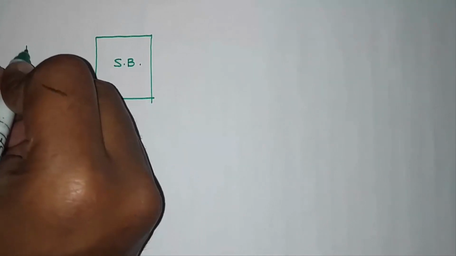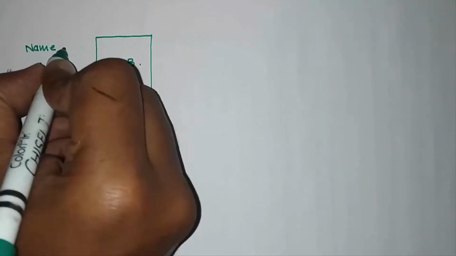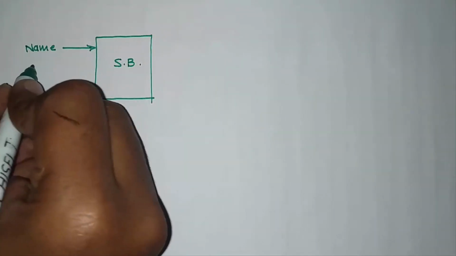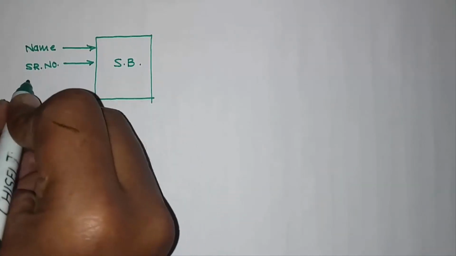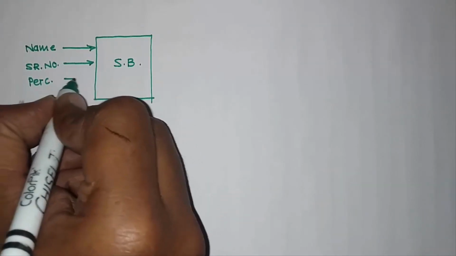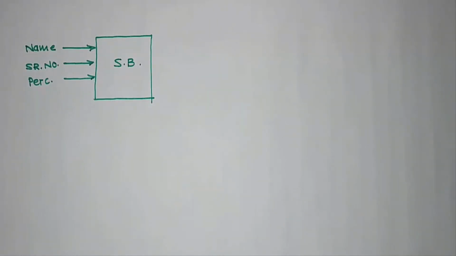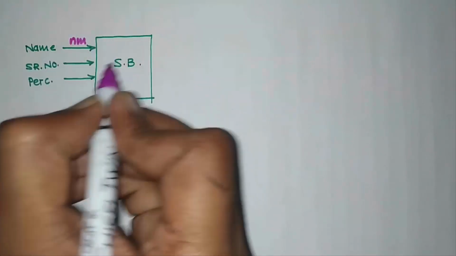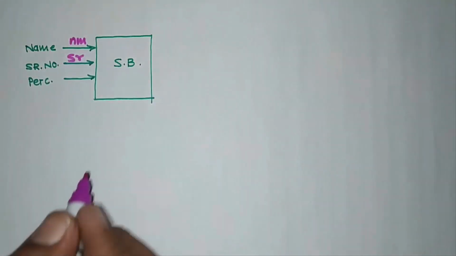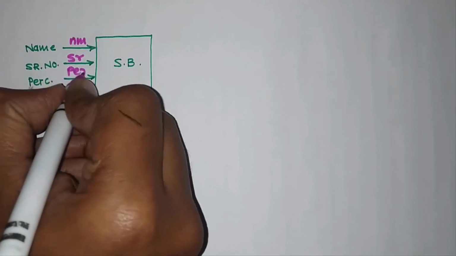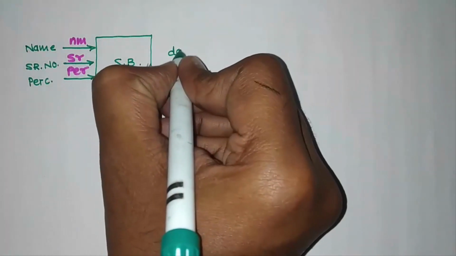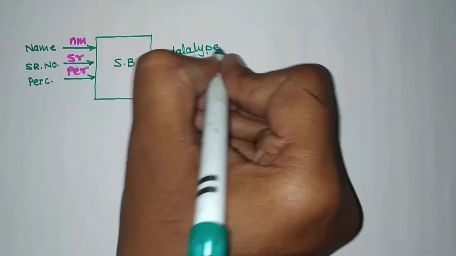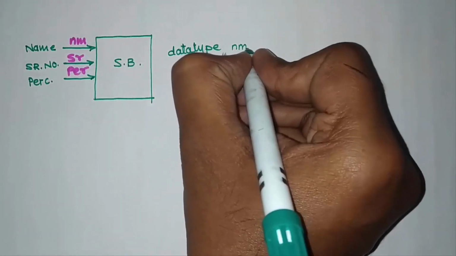The first one is name, the second one is the student's serial number, and the third one is percentage. Associated with this, we are declaring variables. For name we are using nm, for serial number we are using sr, and for percentage we are using per. So as per syntax, for declaring a variable, first we have to define a data type and then the name of the variable, as said.